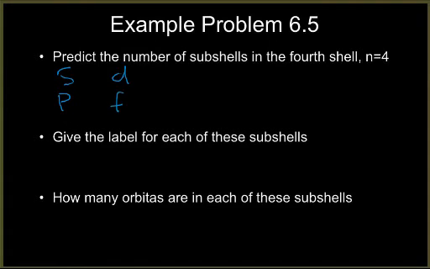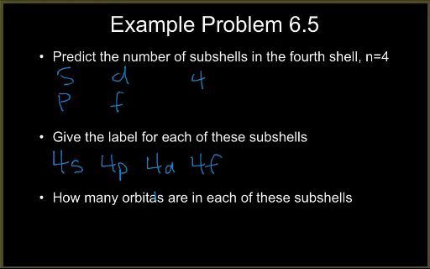So the number of subshells would be 4 because you have s's, p's, d's, and f's. The label for each of those subshells, we would use the 4 to signify the 4th shell or the 4th energy level. So it would be 4s, 4p, 4d, and 4f.